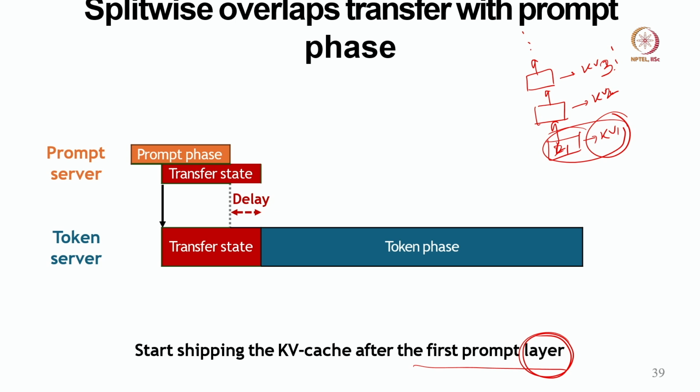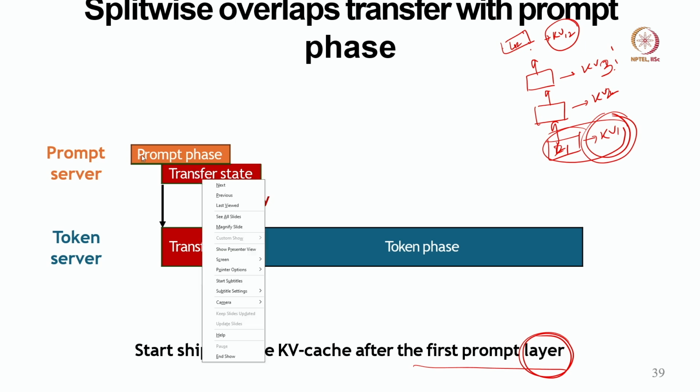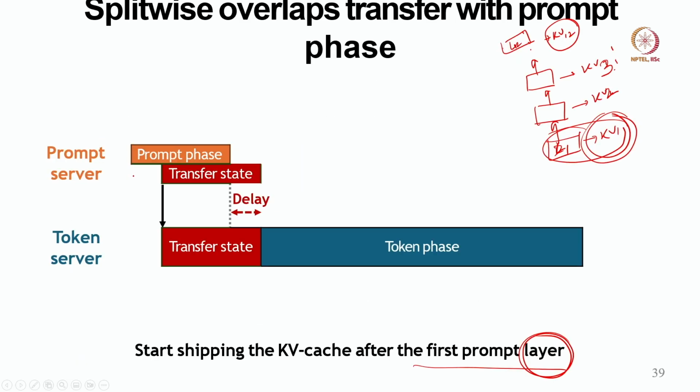Let us say there are 12 layers in this transformer model. We do not need to wait till the KV cache for the 12th layer is generated, right. Once the KV cache for the first layer is generated, we can start shipping it. That is why the transfer state and the prompt phase can be overlapped.